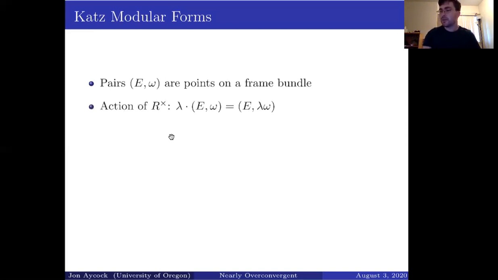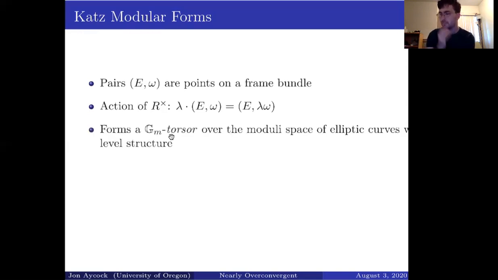And so in fact, we have an action of R cross. If you have a unit in a ring, and this point is defined over the ring R, then you can scale that element by that unit by just scaling the holomorphic differential, by scaling the frame. This is going to mean that it forms a torsor for the group G_m, the multiplicative group. So G_m of R is going to be R cross over the moduli space of elliptic curves with level structure.